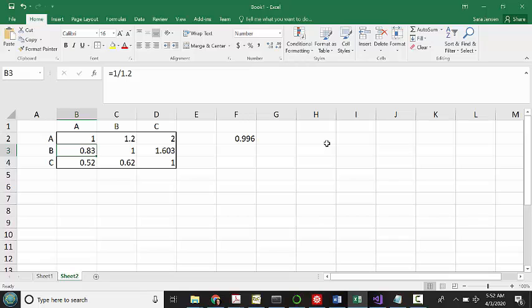So for example, if you take a look at currency B to currency C, so let's take a look at 1.603 times 0.62. Same issue there because of rounding error, we're a little bit less than 1. However, what happens if I take currency B, exchange it for currency A, then take currency A and exchange it for currency C?